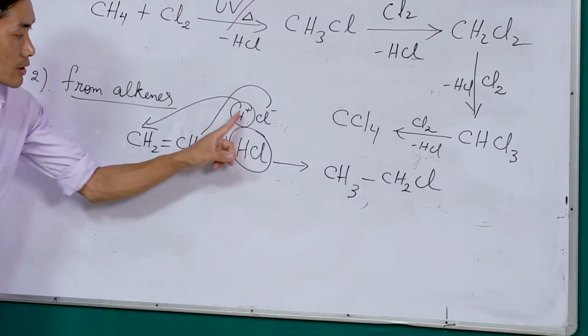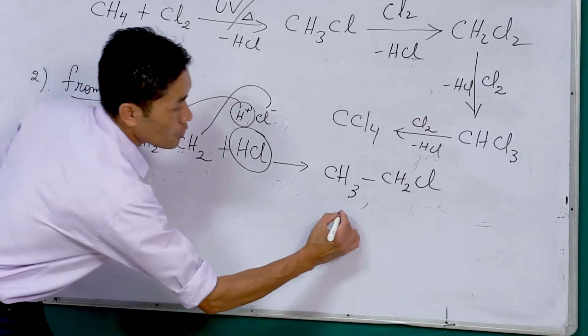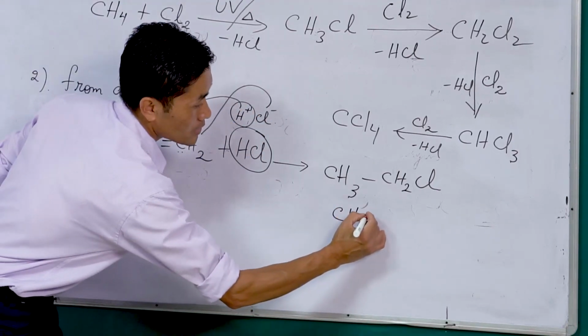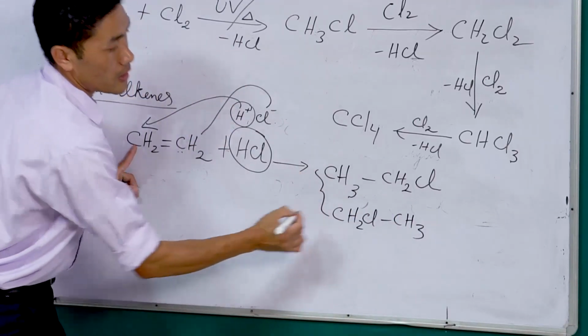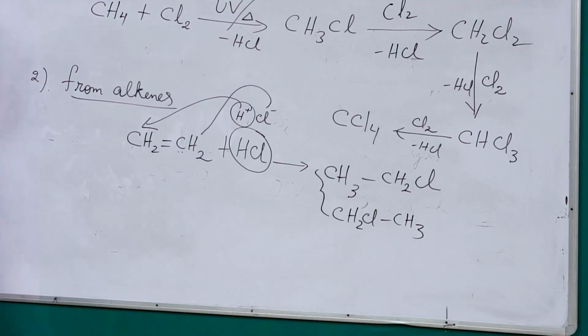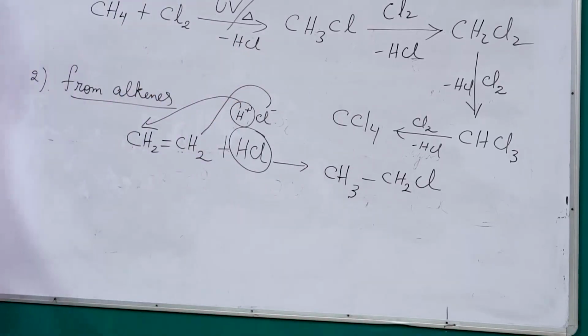If the hydrogen comes here and the halogen comes here, the product would be CH2Cl and CH3. These two are actually the same. They are similar. So we get only one type of product when we add these halogen acids to symmetrical alkenes.